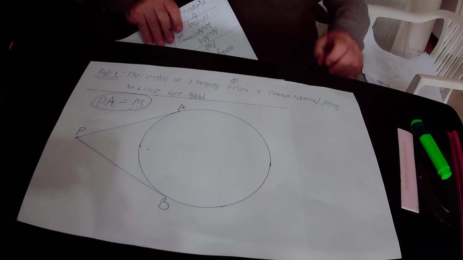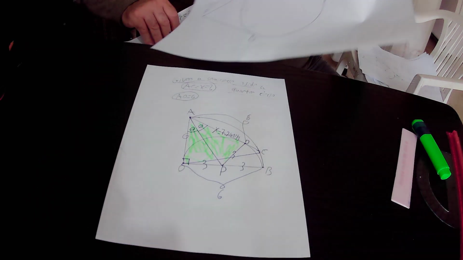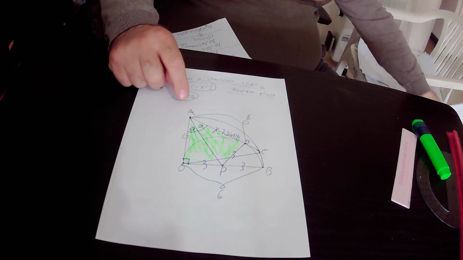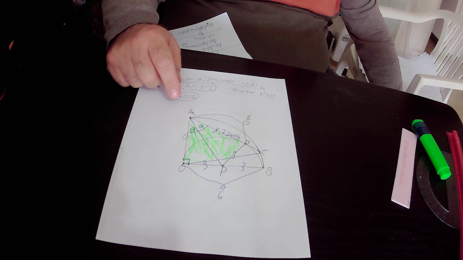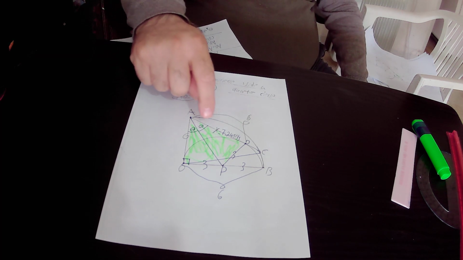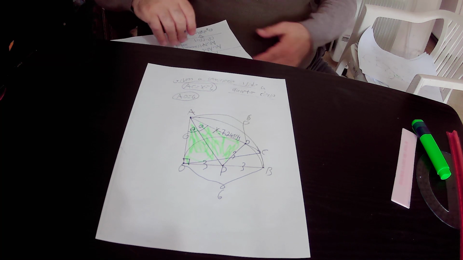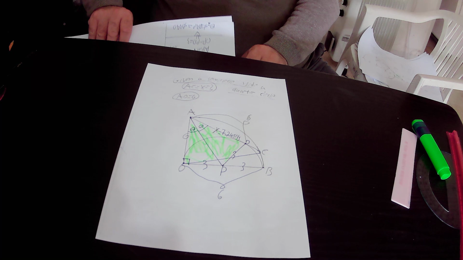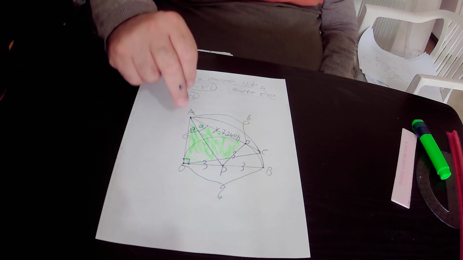We can implement rule number 1 in our drawing, because we have a common external point, point A, in relation to the semicircle. From point A we have two tangents to this semicircle.